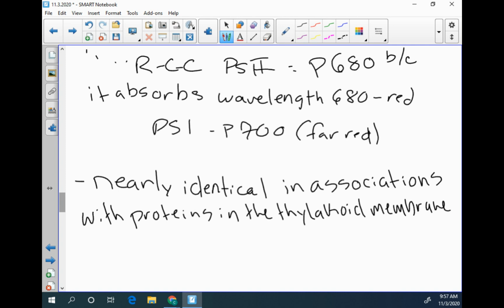So they look really similar. They're just slight chemical differences.